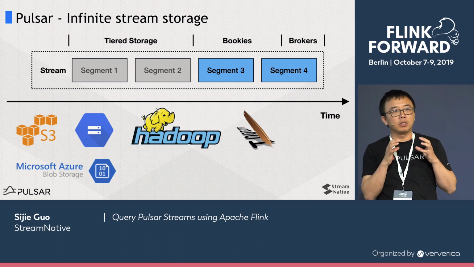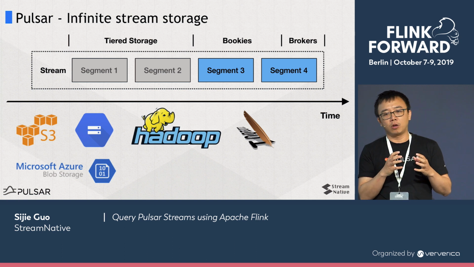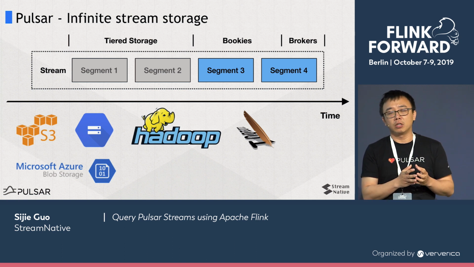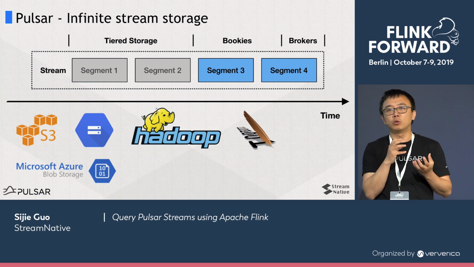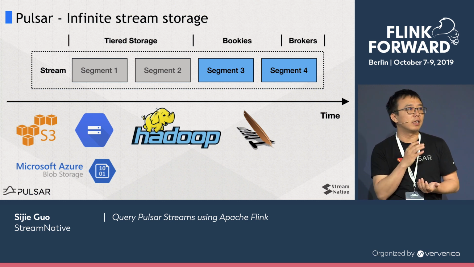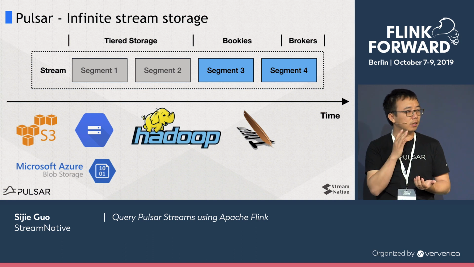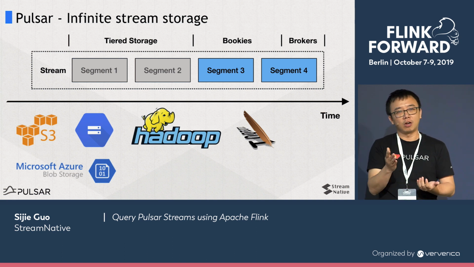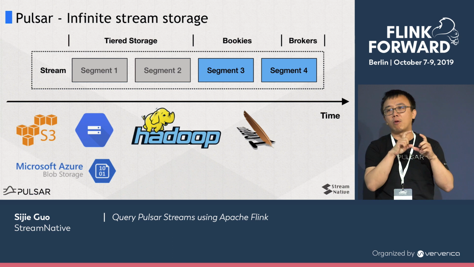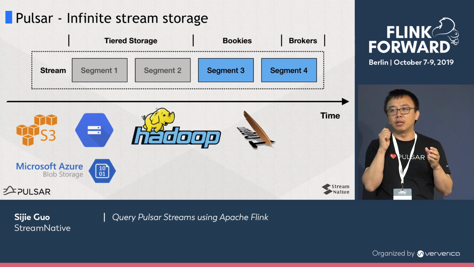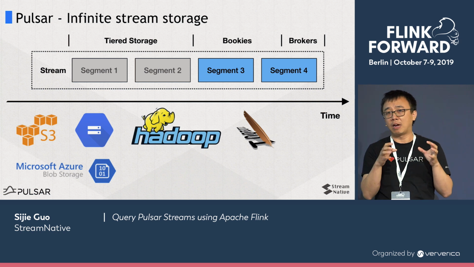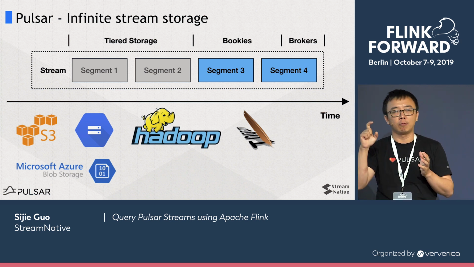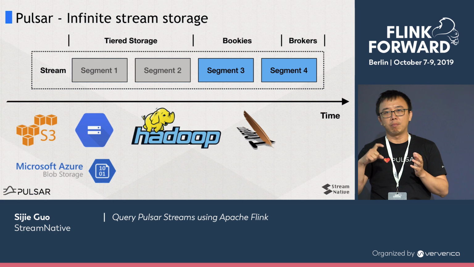The good thing about this abstraction is that for your application, it's a unified view of your data, so it's an infinite stream. You don't need to care about where the data is stored, whether it's in the broker, in the bookie, or in a tiered storage. You just have one view of your data. And one of the many benefits brought by this unified view is you just need one catalog or one metadata system for managing all your data.